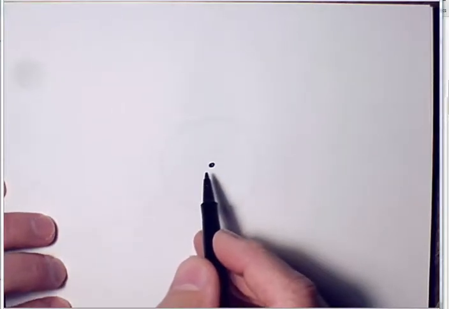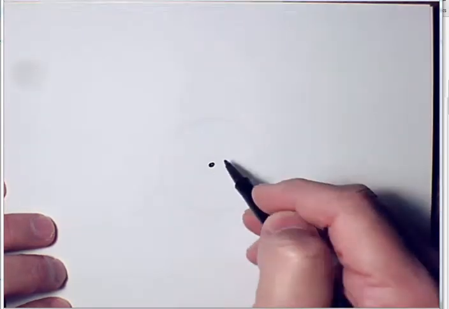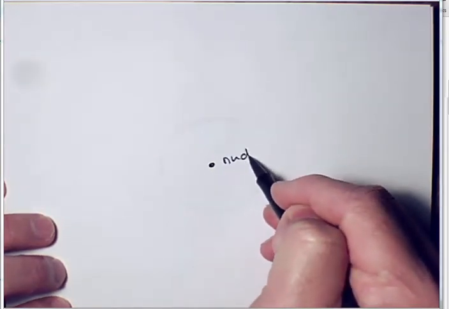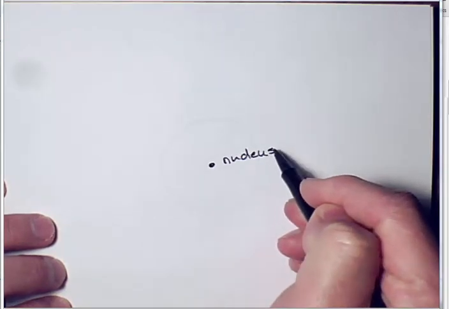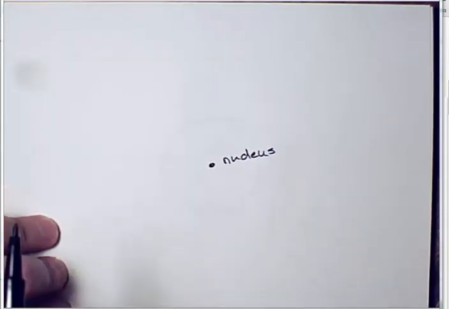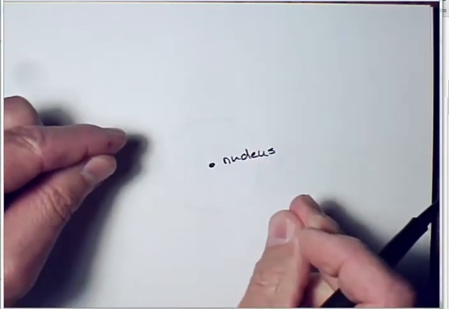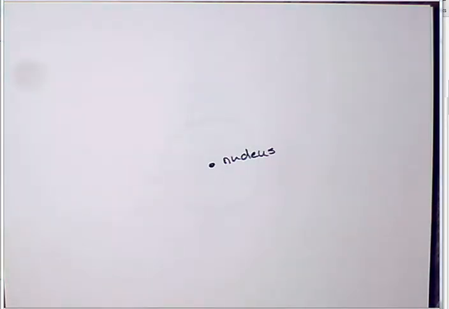So let's say this is the nucleus of the atom for which you are making a balloon model today. Okay? This is the nucleus. Working our way out from the nucleus, what's the first sublevel we come to? Well, hydrogen represents an electron in that first sublevel.